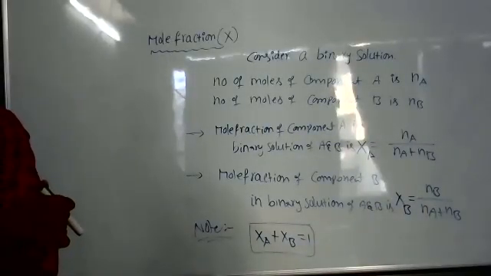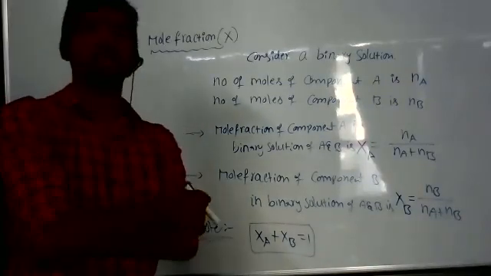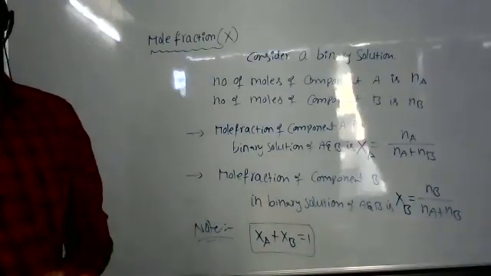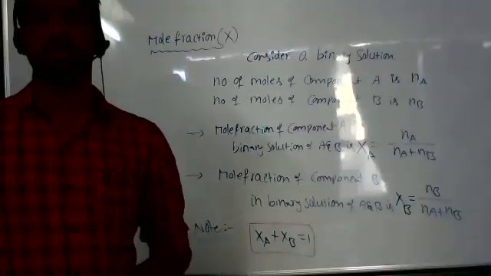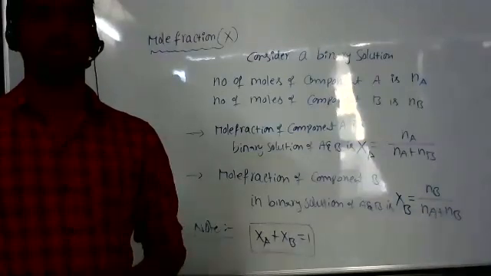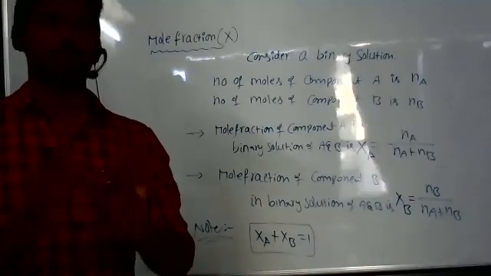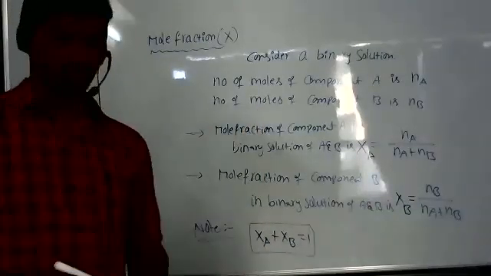Sir, in a solution there can be many components, right? No, I selected only a binary solution here. Yes, if you select a ternary solution, it contains 3 components. Okay, I will give you that example also. Note down this one first.